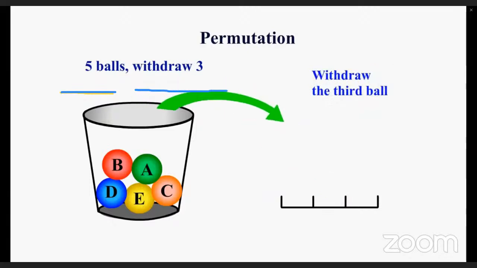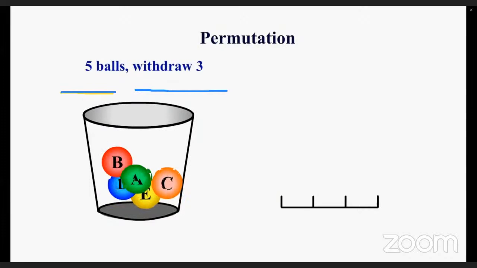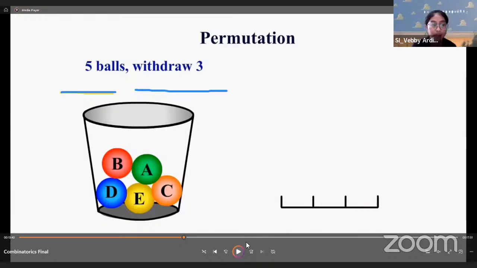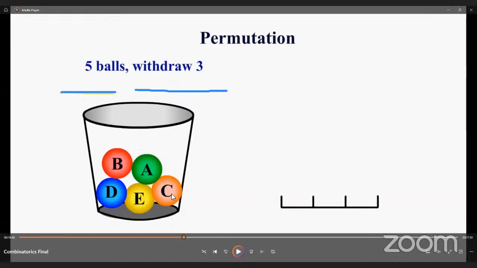Then you take the third one. Now, when you take the first one, how many possibilities are there for the first place? 5. Because there are 5 balls inside. So there are 5 possibilities.